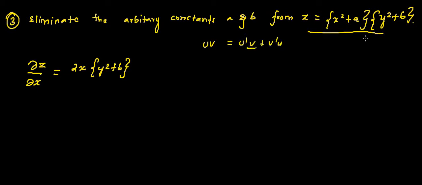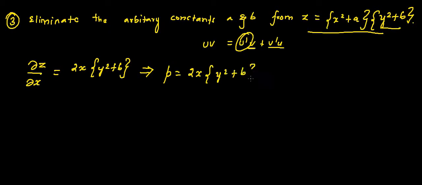Here v is constant, y square plus b, because we are differentiating with respect to x, so we get only u dash into v, and the other term becomes 0. This can be written as p is equal to 2x into y square plus b. So further, this can be written as y square plus b is equal to small p by 2x. Let this be 2.